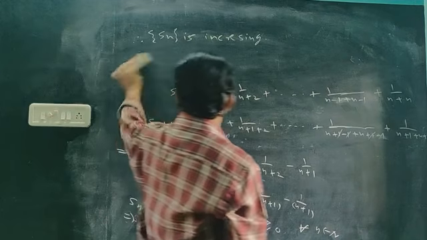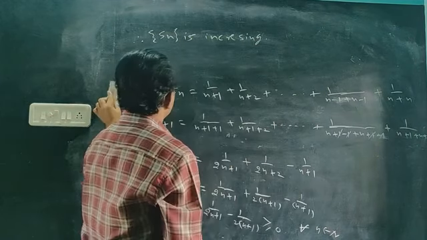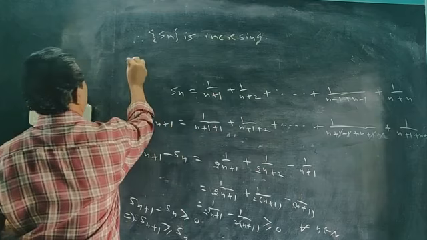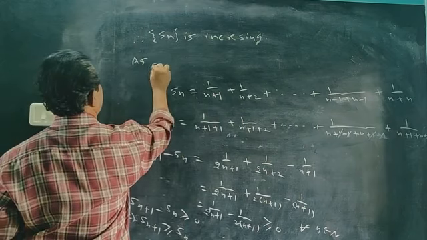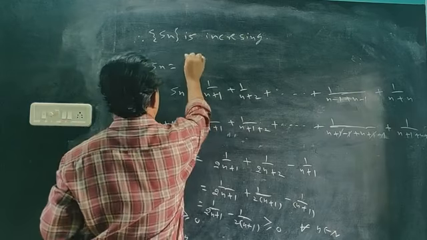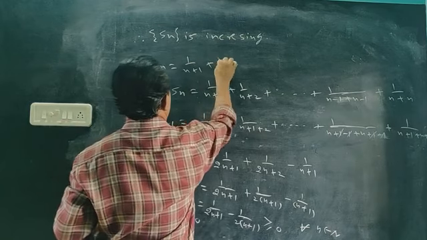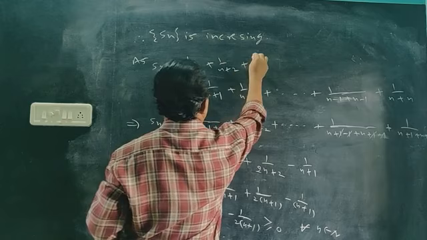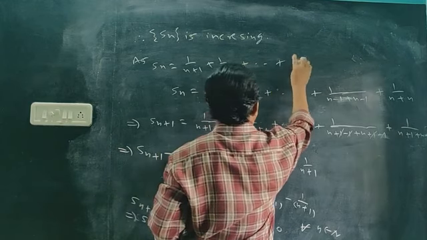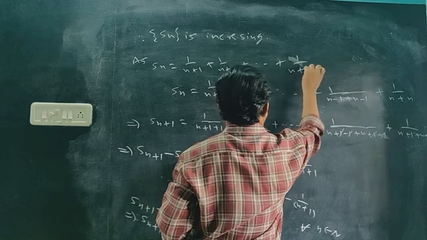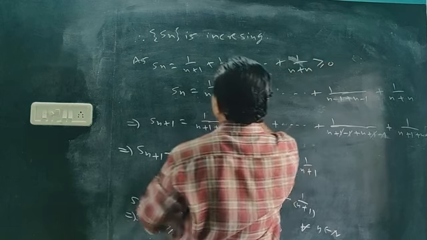Now bounded. Bounded below: Sn is of course positive. So 1 upon n plus 1, 1 upon n plus 2, 1 upon n plus 3, up to 1 upon n plus n are positive values? Yes, clearly positive.